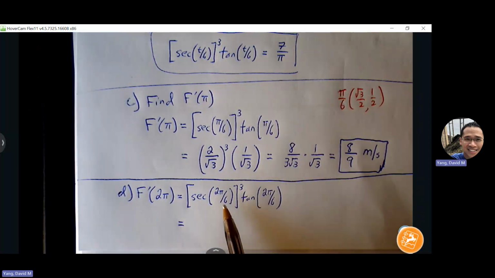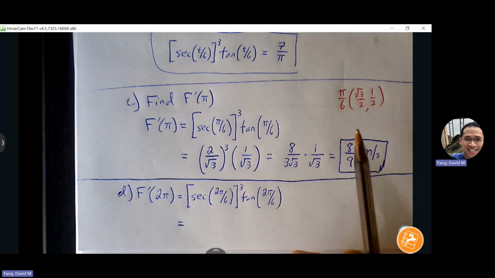All right, 2 pi over 6, same thing as pi over 3, secant of pi over 3.